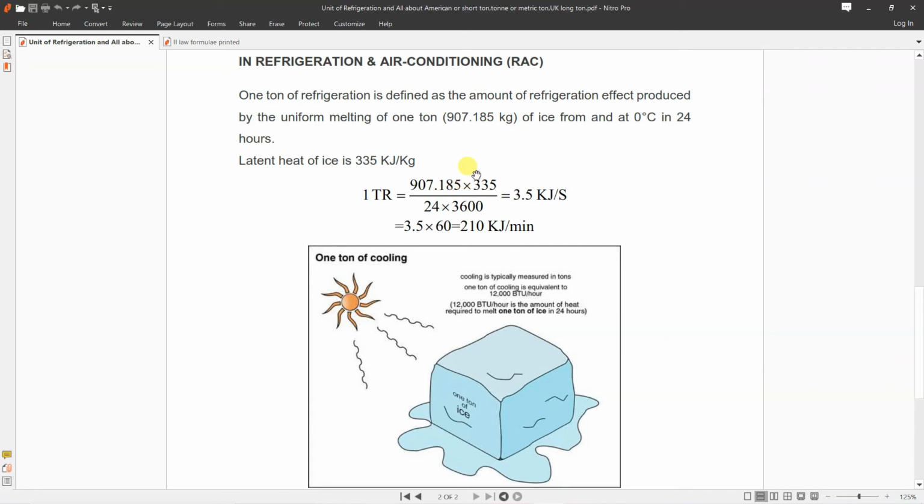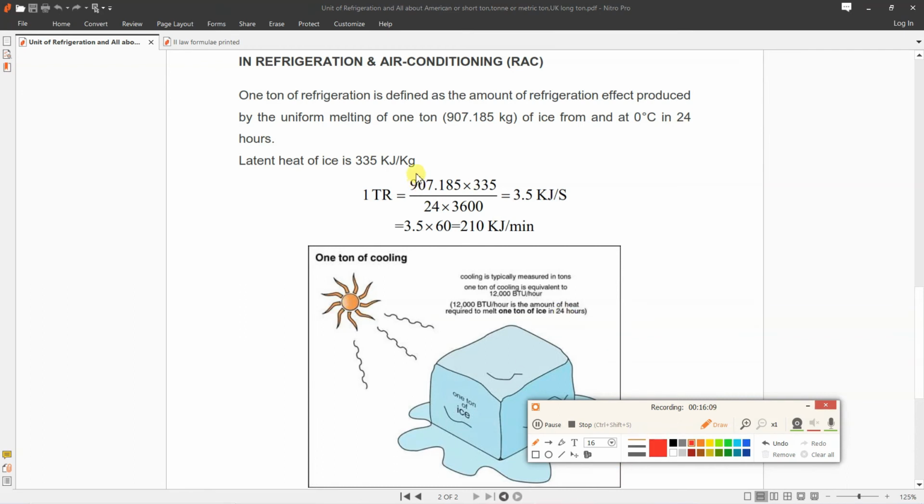So here what we are calculating is mass into hfg. Mass of ice is 907.185, and hfg is 335 kilojoule per kg for ice.